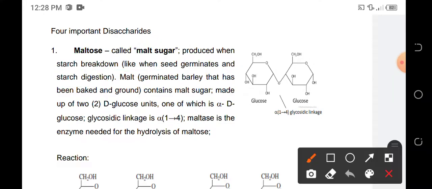When you say malt, these are actually germinated barley. Okay? And ano ba yung may mga malt? Usually, yung mga beer, they are made of malt. Tapos may mga energy drinks din na merong contain ng malt. Okay? Nevertheless, the sugars that could be found in malt are maltoses.